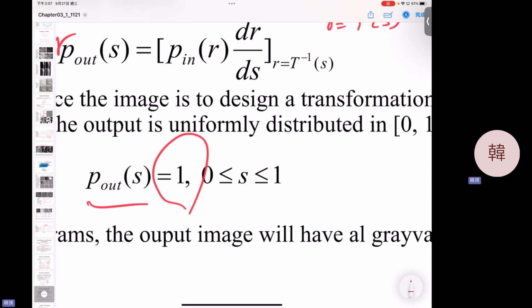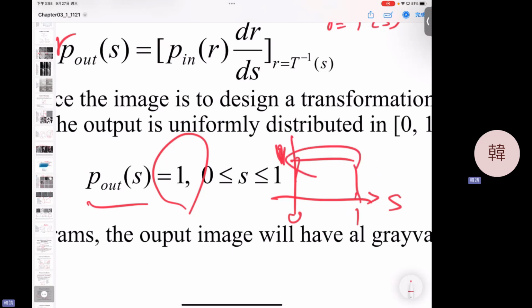We will demonstrate this in the next class. So the result output becomes 1. What does the 1 mean? The 1 is for the PDF of the new S parameter, the new grade level parameter, from 0 to 1, and the distribution is like this, always 1 here. What does that mean? Because a uniform function is the same everywhere.